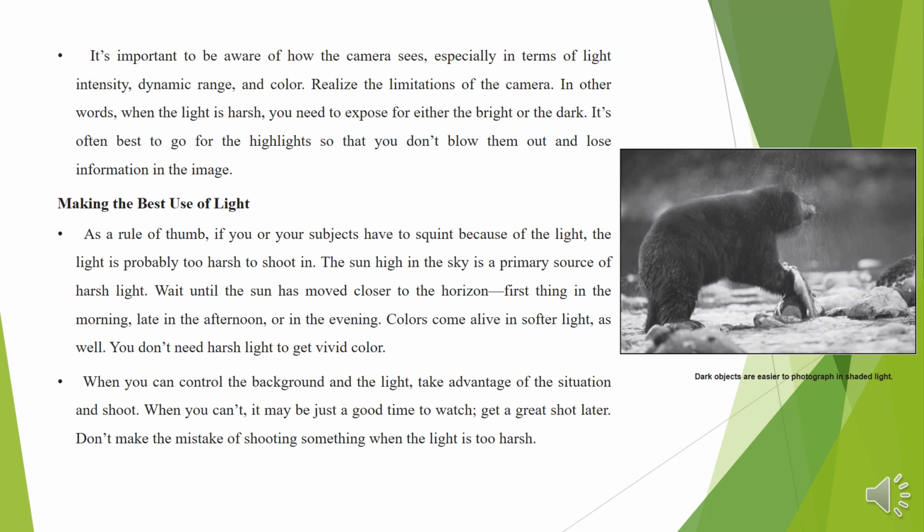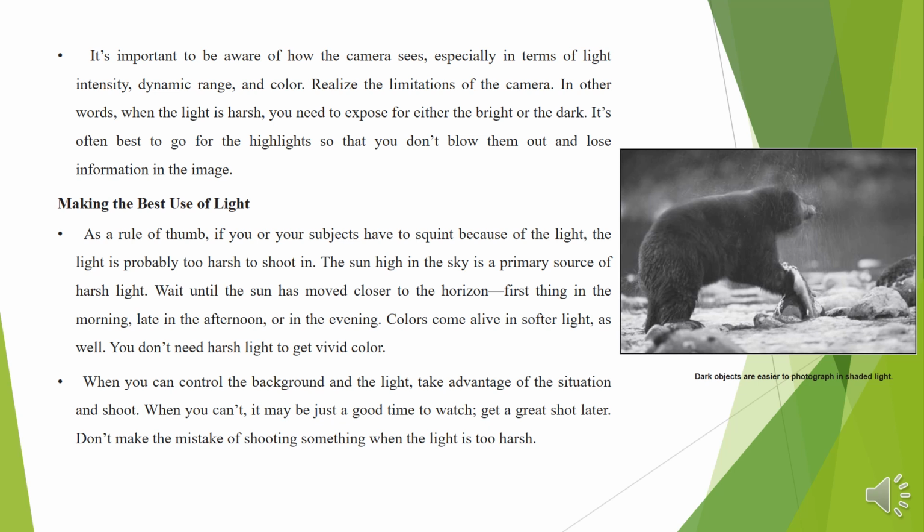It's often best to go for the highlights so that you don't blow them out and lose information in the image. Making the best use of light: as a rule of thumb, if you or your subjects have to squint, the light is probably too harsh to shoot in.